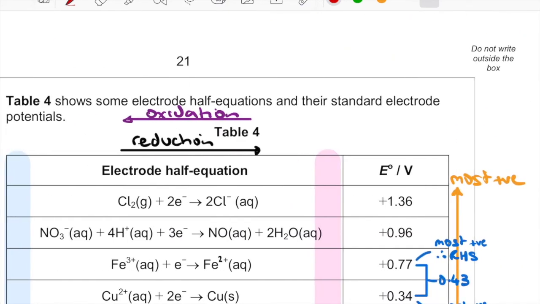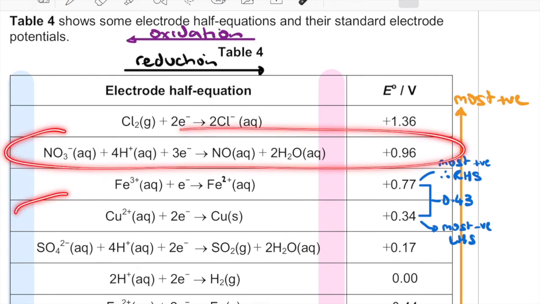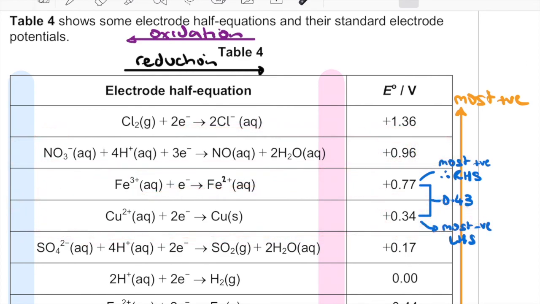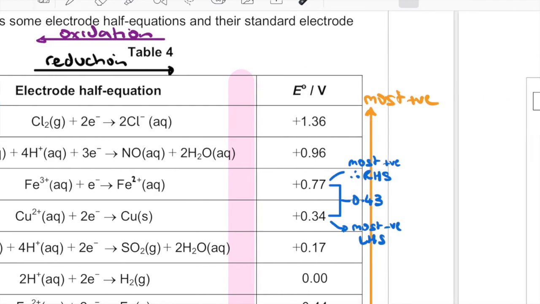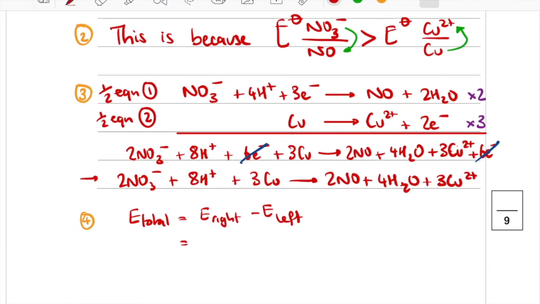So when we look back at the table, and these are the two half equations, E right is plus 0.96, E left is plus 0.34. So plus 0.96 minus plus 0.34 equals 0.62 V.